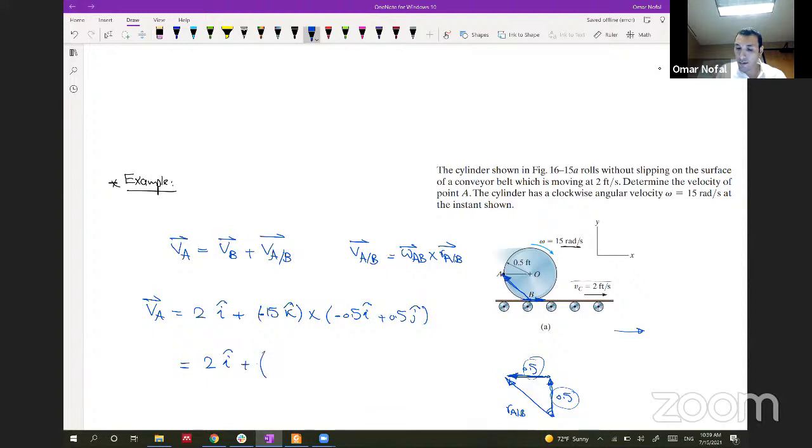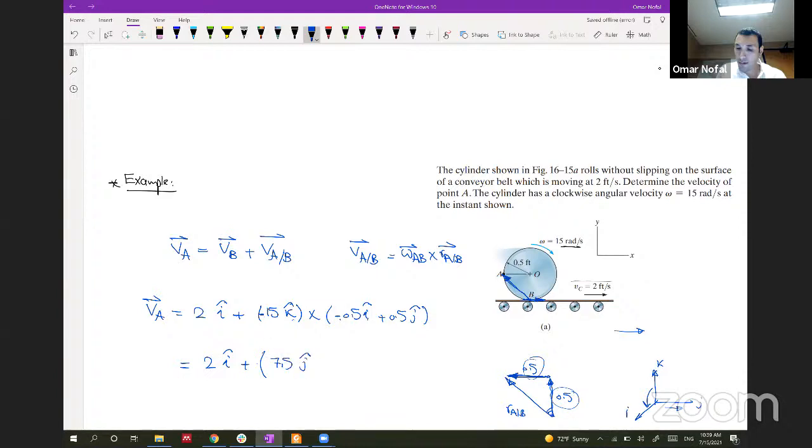Okay, let's multiply here I, J, K. So I'm going from K hat to I hat, and negative multiplied by negative will be positive. So moving from K to I will give the positive J direction. So it will be 7.5 in the J hat direction.